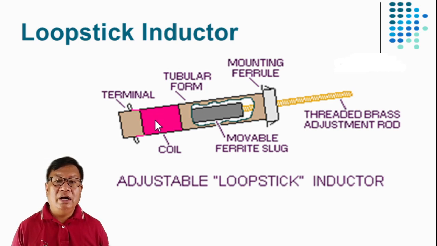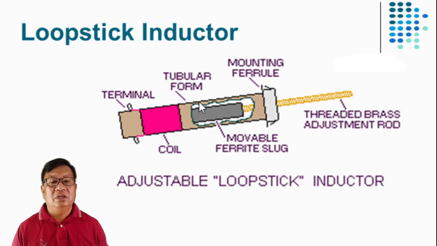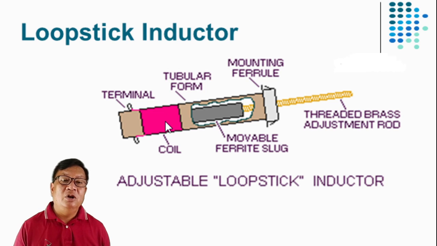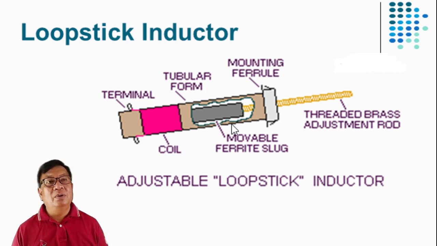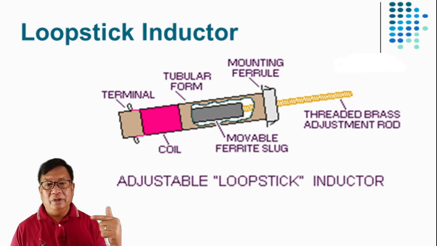Okay, so the inductance of this inductor or coil here will change due to this change of the core inside. Okay, so this tubular form na lopstick inductor. Okay, so ito po yung example na yung core ang nagmo-move, no? Nagmo-move. Okay, so yun po ang isa pang type of adjustable lopstick inductor.